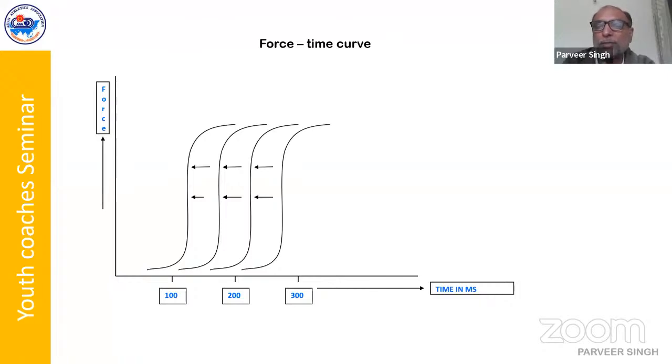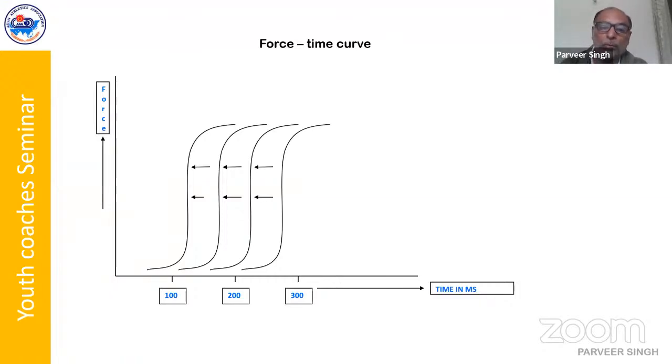All the throwing events, especially in the final delivery phase, are very quick actions. It takes on average 0.15 seconds. But the exercises which we have already performed, like squat and bench press, are very slow. Clean and snatch are very quick and explosive, but these exercises also take at least 0.3 seconds to produce that force.